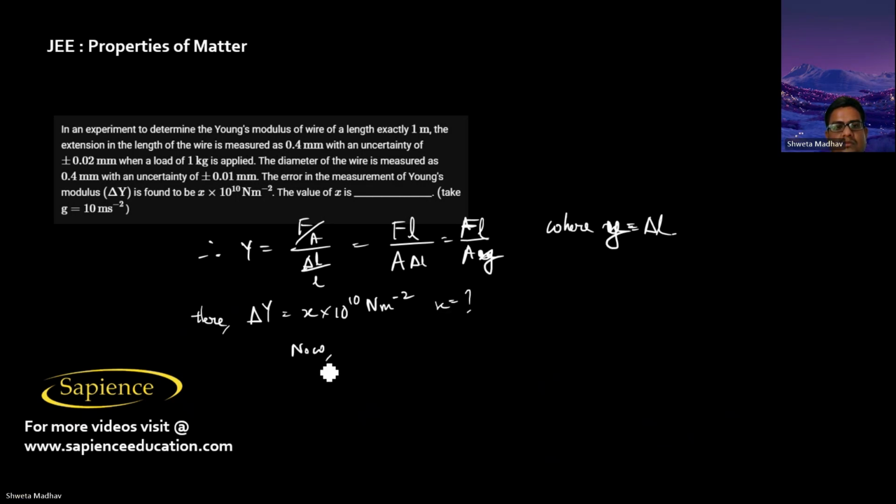So now the length of the wire, that is given as 1 meter, and the error in the length, that is delta L. This delta L is not same as the other delta L. This I can call it as small delta L. This is the extension, where the other delta L is the extension.